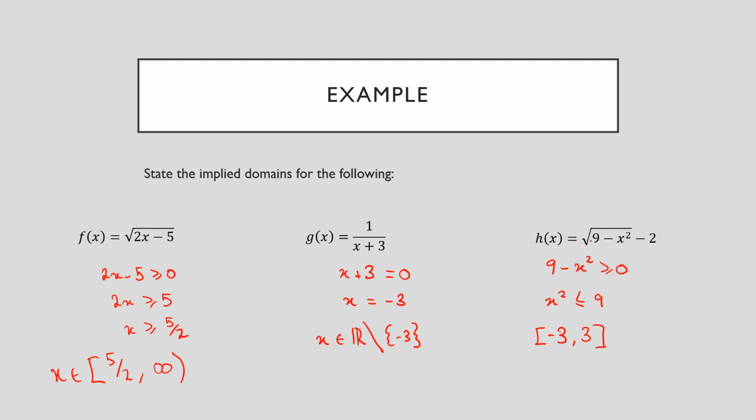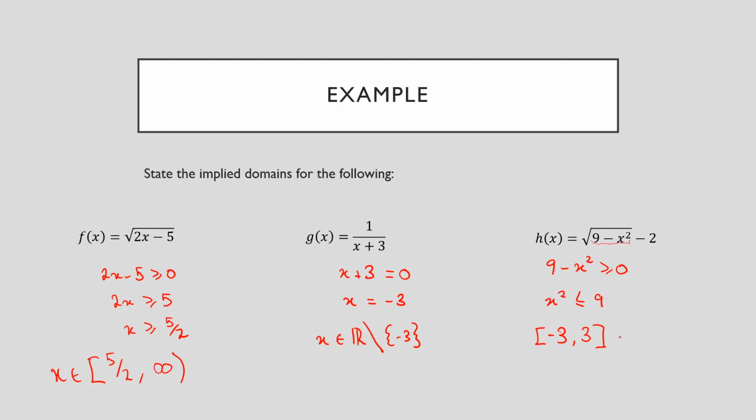So this thing inside must be greater than or equal to 0. Which means x squared, bringing it to the other side, is less than or equal to 9. And the values of x that when you square them give you something less than or equal to 9 are the numbers between negative 3 and 3.